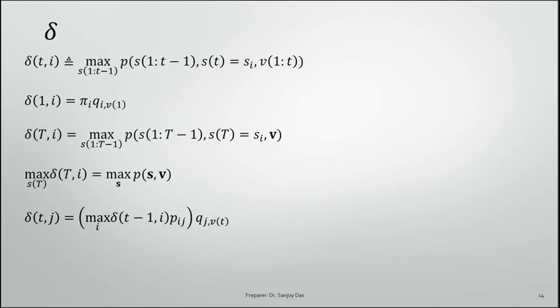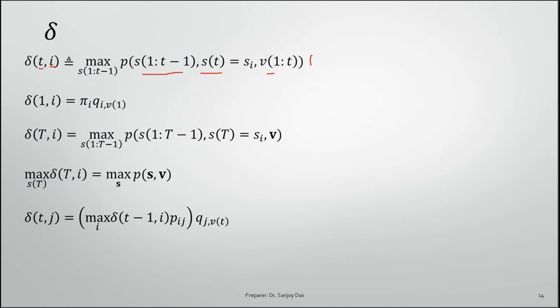So here is what we have so far. Delta t(i), this is the definition of delta t(i), maxed over previous time step states, current time step being Si, specified by this index, and the output sequence 1 through t.